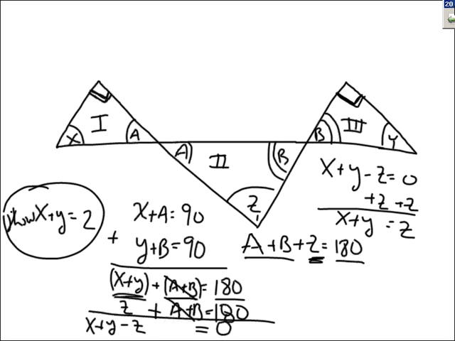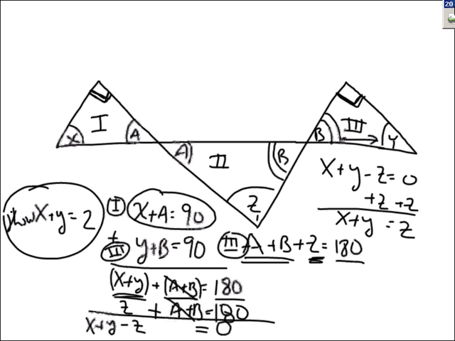You really should be able to do that. I just wrote down everything that I knew. Triangle 1 told me that x plus a was 90. Triangle number 3 told me that y plus b is 90. And triangle number 2 told me that a plus b plus z was 180. A plus b plus something is 180.